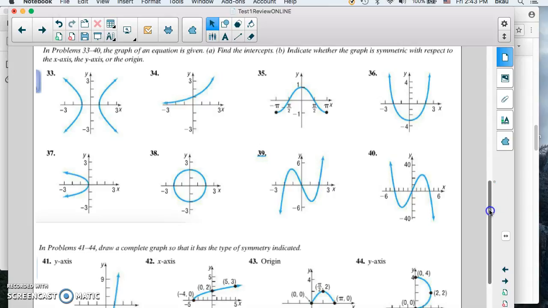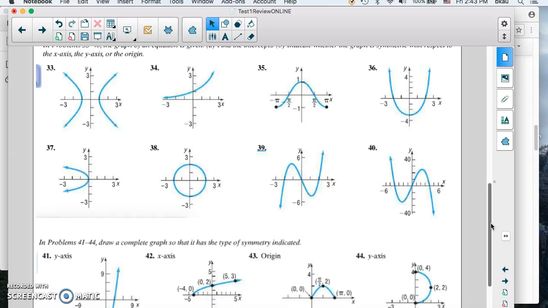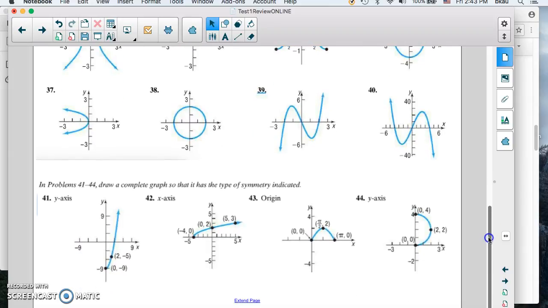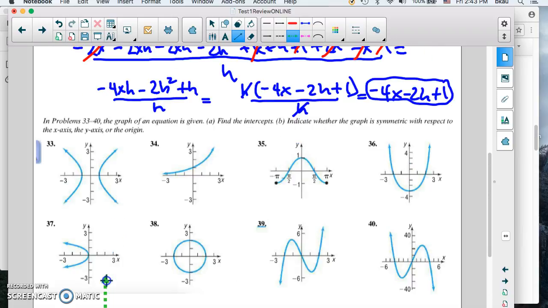All right, on problems 41 through 44, it asks you to complete the graph based upon the axis of symmetry that you want. In this case, we want y-axis symmetry, so this one's going to be folded along the line on the y-axis.